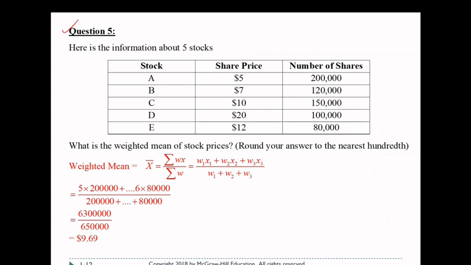This example question gives information about 5 stocks, stock A, B, C, D, with share price and number of shares. What's the weighted mean of the stock price?